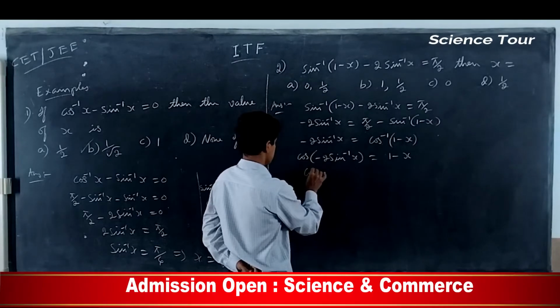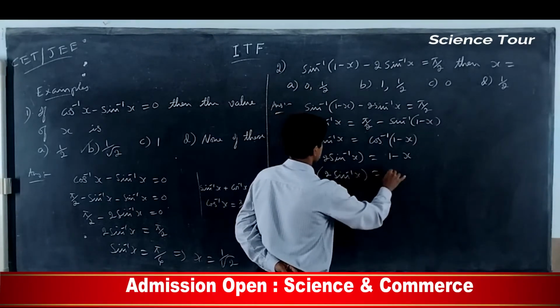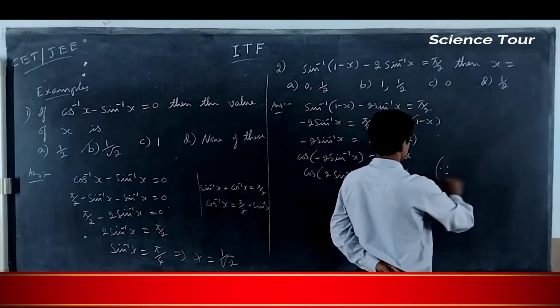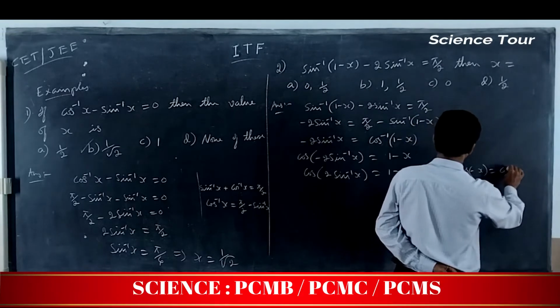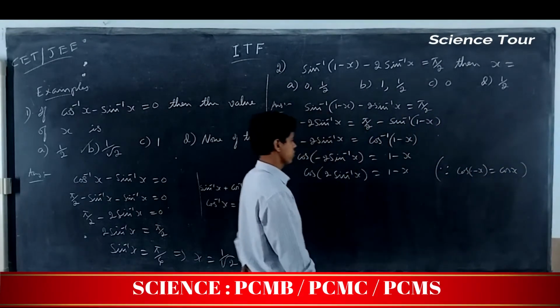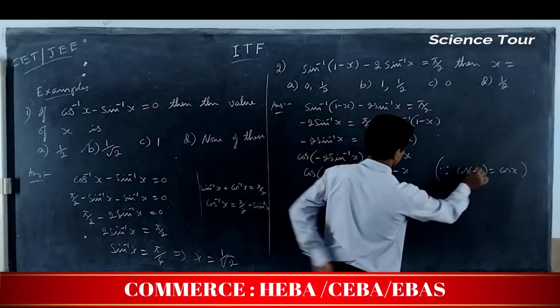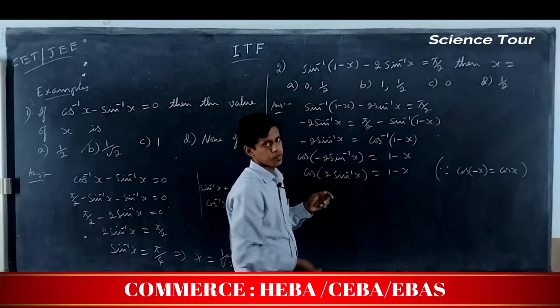Cos x. So I can write this as cos of 2 sine inverse x. Why? Because cos of minus x is equal to cos x, a trigonometric formula.